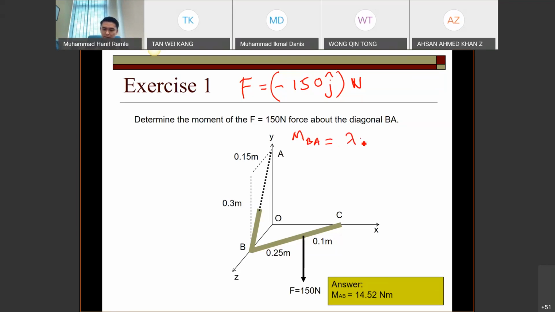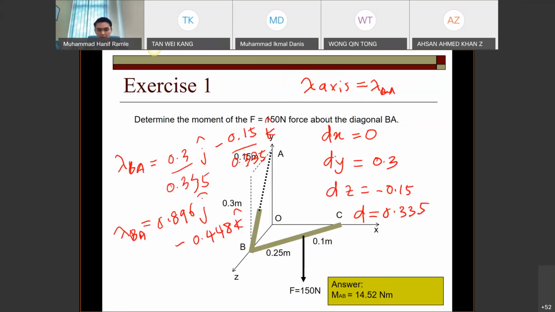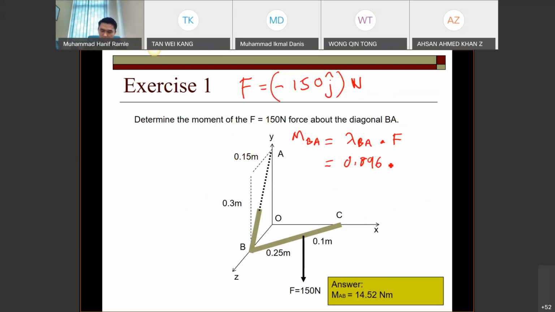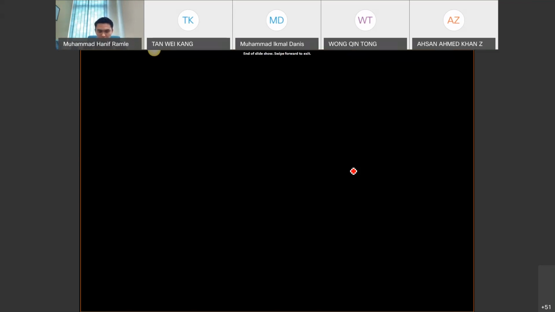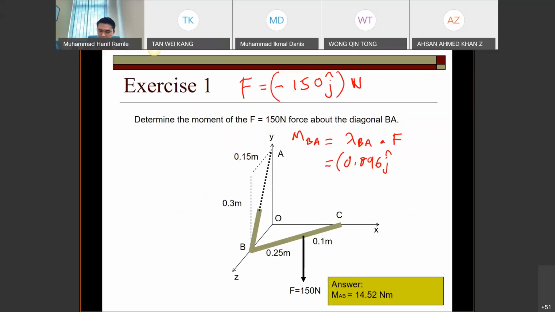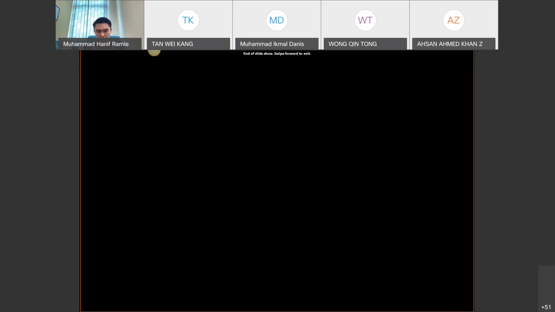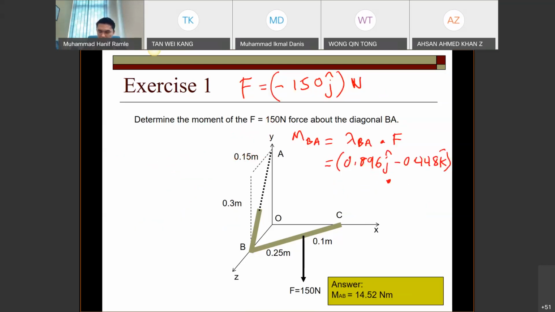So lambda BA dot with F. Lambda BA is 0.896J minus 0.448, dot with F. So you make it like this, then you will get the final answer.